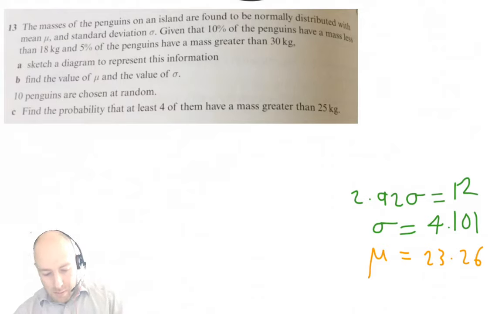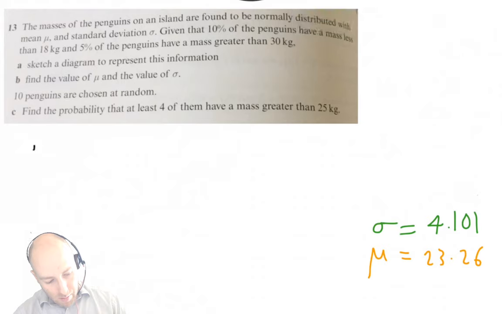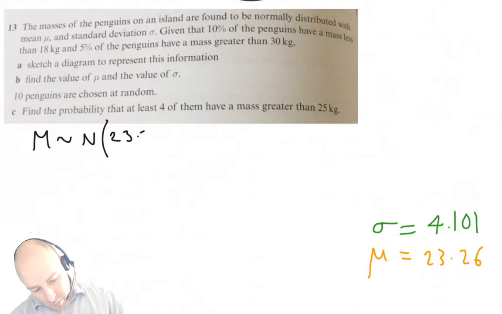So here's the bits that we need. Let's write them down. So we had penguin masses. I'm going to say M. M was a normal with 23.26. It seems awfully light for a penguin, but I don't know. 4.101 squared.